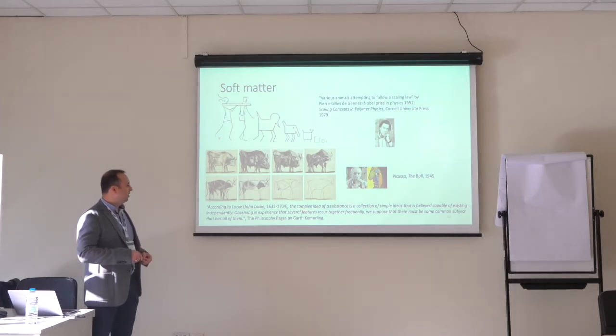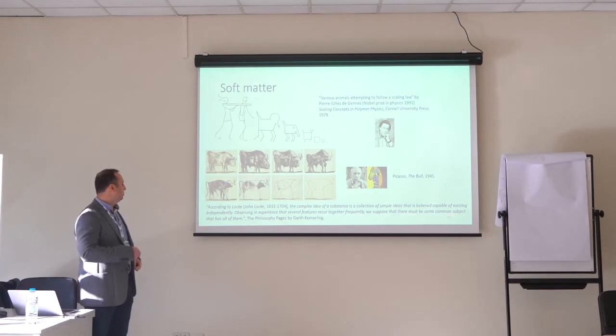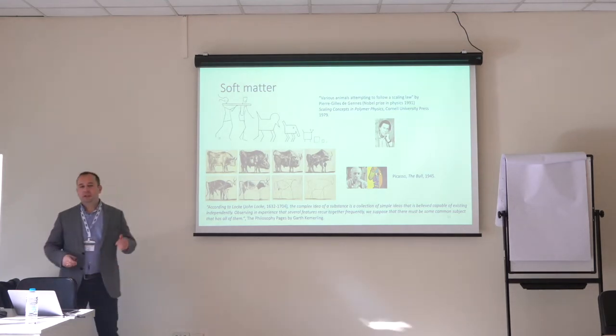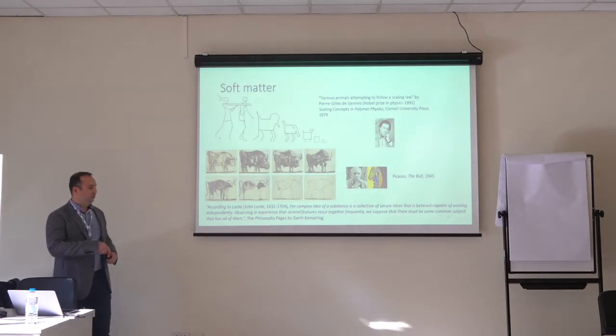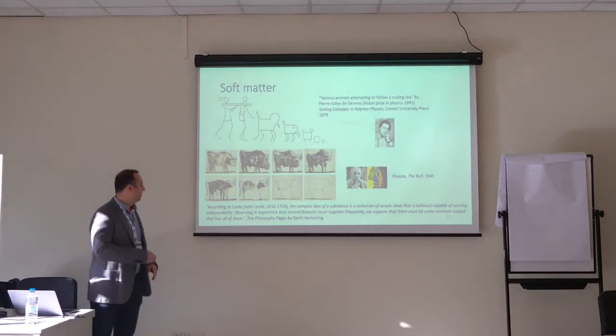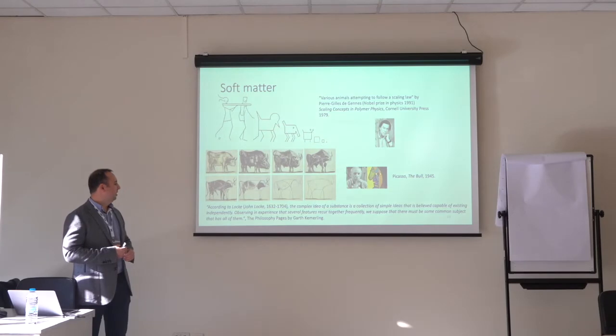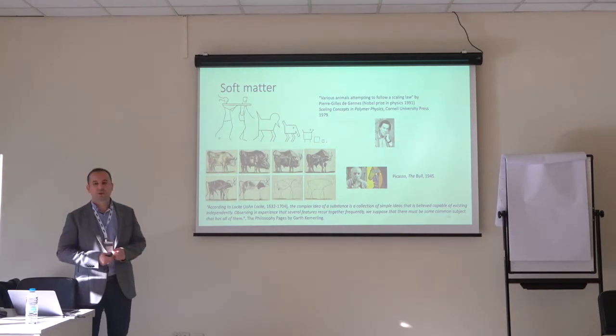Observing by experiments that several features recur together frequently, we suppose that there must be some common subject that has all of them. I got this from a different web page, but it is in one of the original books of John Locke.